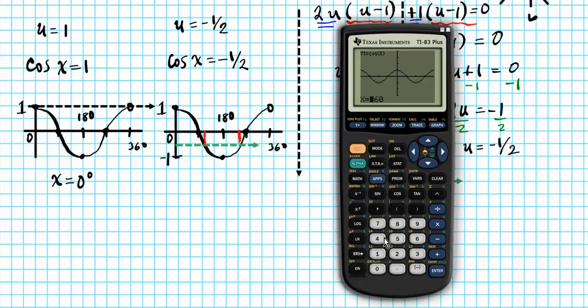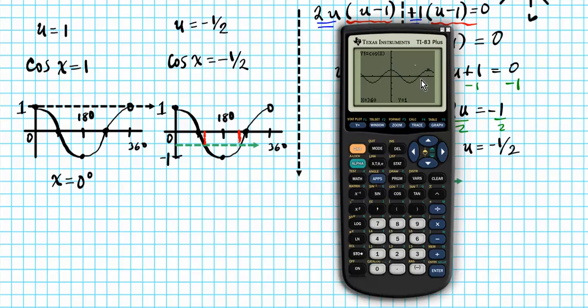Well, let's do 180, halfway, just to illustrate. Okay, so that's 180. It's kind of 360 somewhere here, but it doesn't include that in the window. That's a glitch in the calculator. Oh, there you go. All right, so there goes 360.